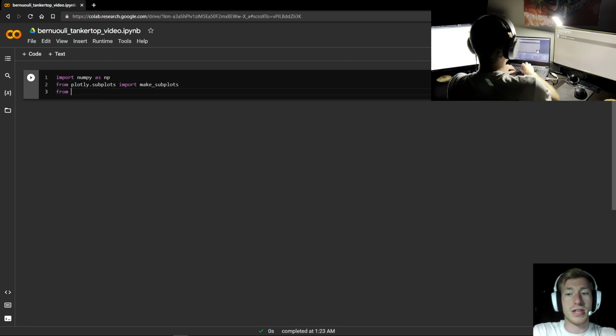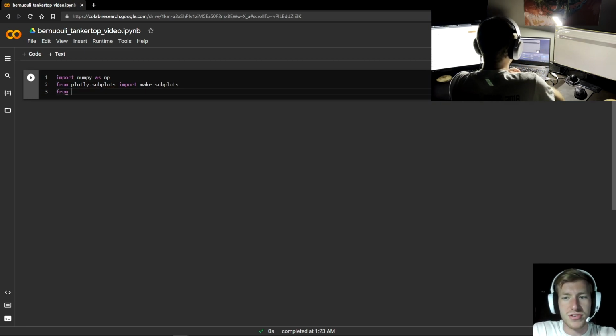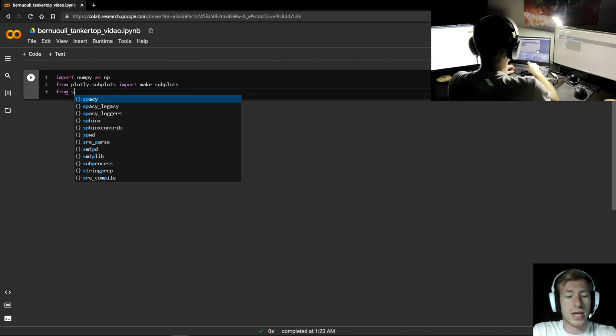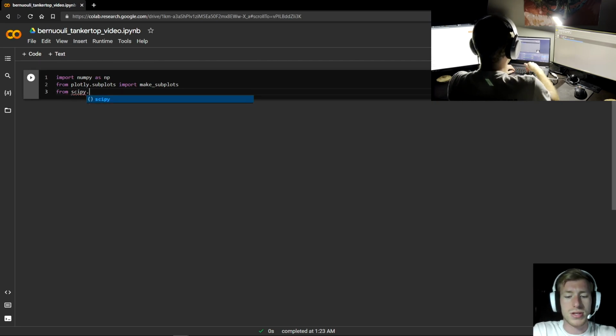And then finally, we just solved for a differential equation on that whiteboard. So what we're going to have to do is take that differential equation and get an equation out of it that represents that derivative. So how do we do that? Well, we're going to use scipy.integrate, and we're going to use their function called solve_ivp.